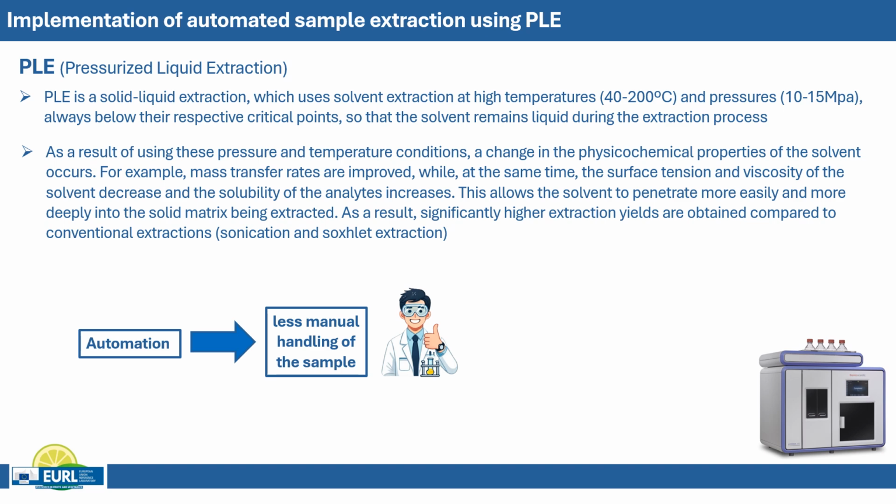For example, mass transfer rates are improved, while at the same time the surface tension and viscosity of the solvent decrease, and the solubility of the analyte increases. This allows the solvent to penetrate more easily and more deeply into the solid matrix being extracted. As a result, significantly higher extraction yields are obtained compared to conventional extraction.